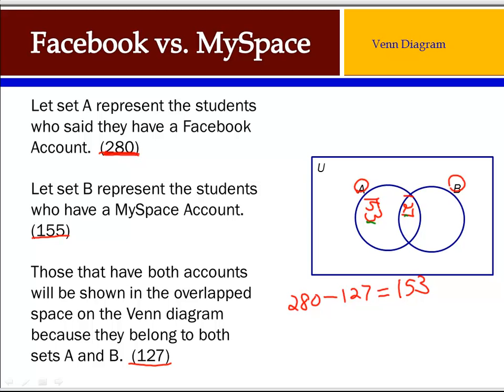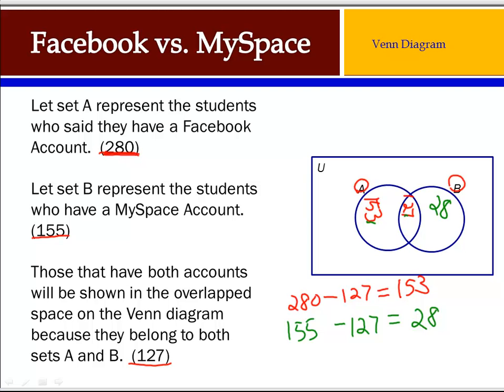We can also find the elements of set B. Knowing that we already have 127 included, we have 155 who said that they have MySpace altogether. So 155 subtract 127 will help us to find the remaining elements for B. So that's going to be 28 students.